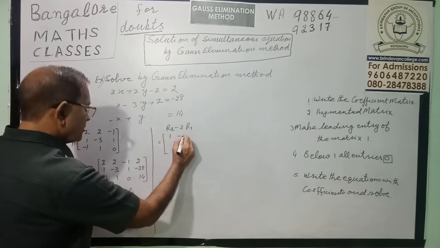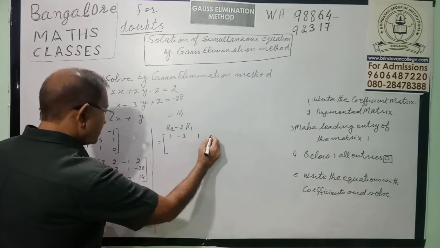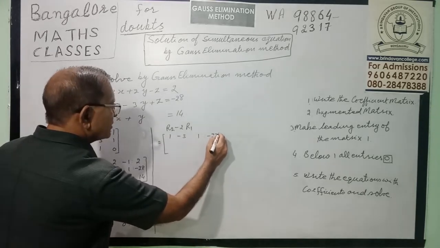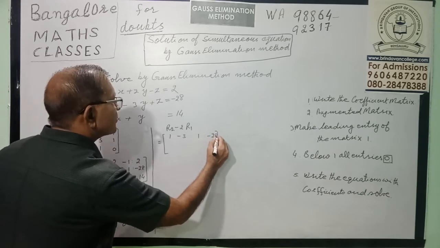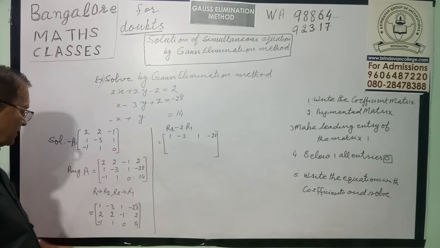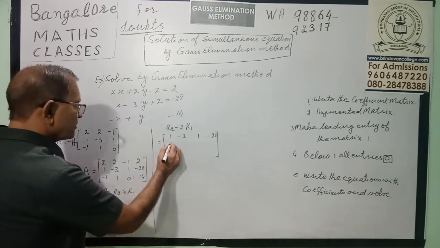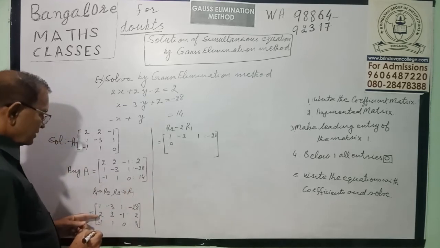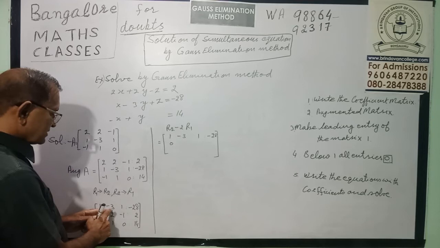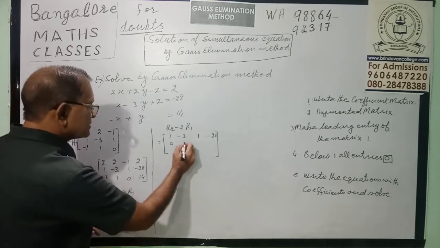1, minus 3, 1, augmented minus 28. Double of R1 and subtract, we will get 0. Double minus 6, and subtract means plus 6. 6 plus 2, 8.